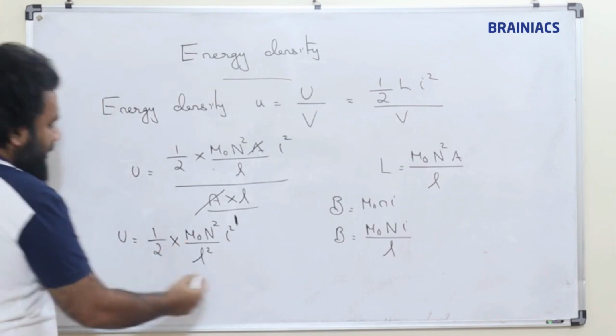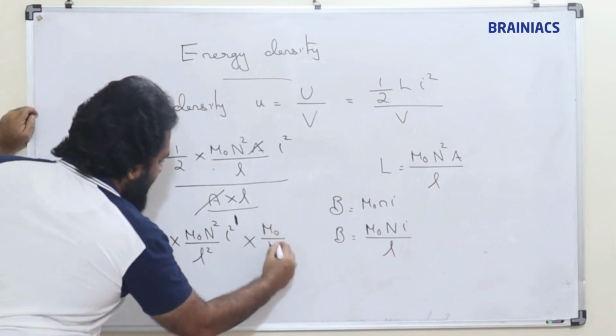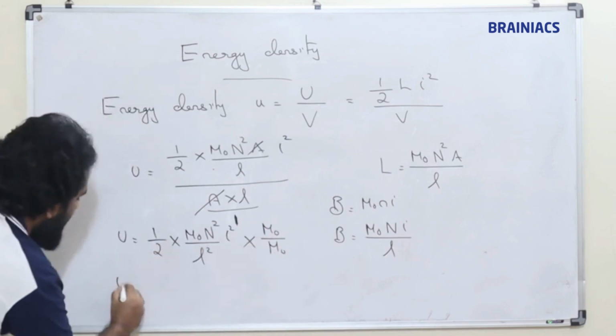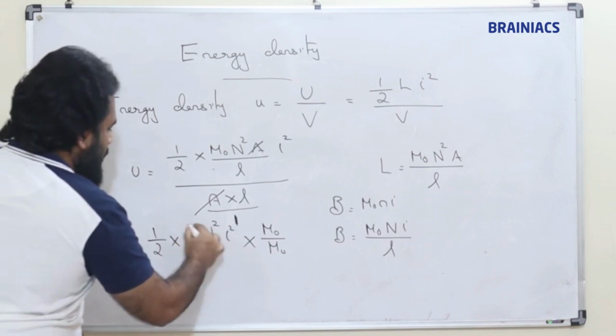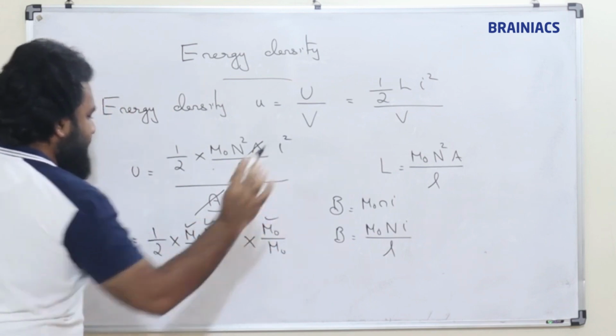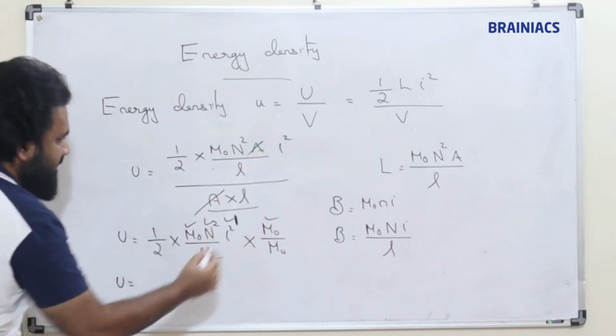If we multiply with mu naught and divide with mu naught, we will get u is equal to mu 0 square n square I square, that is B, then l square is there.